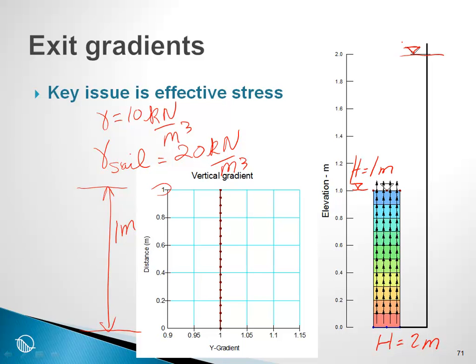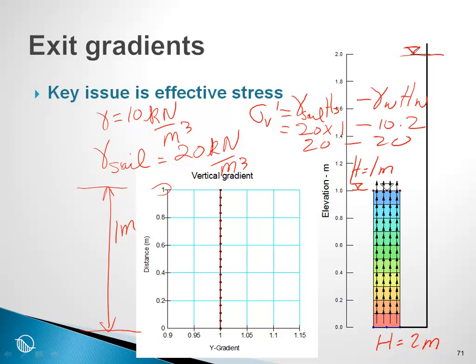Then the vertical effective stress is equal to the unit weight of the soil times the height of the soil minus the unit weight of the water times the height of the water. And so the unit weight of the soil is 20 times a height of 1 minus the unit weight of water times a height of 2, is 20 minus 20, which is equal to 0. And as a result, our gradient in the vertical direction is 1.